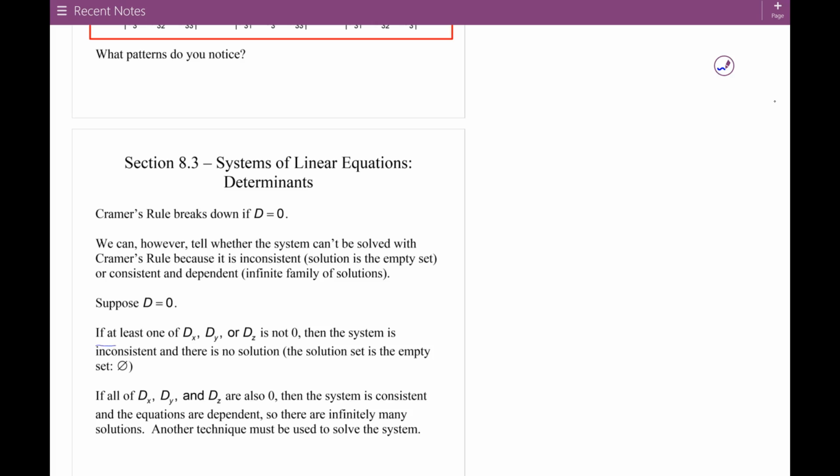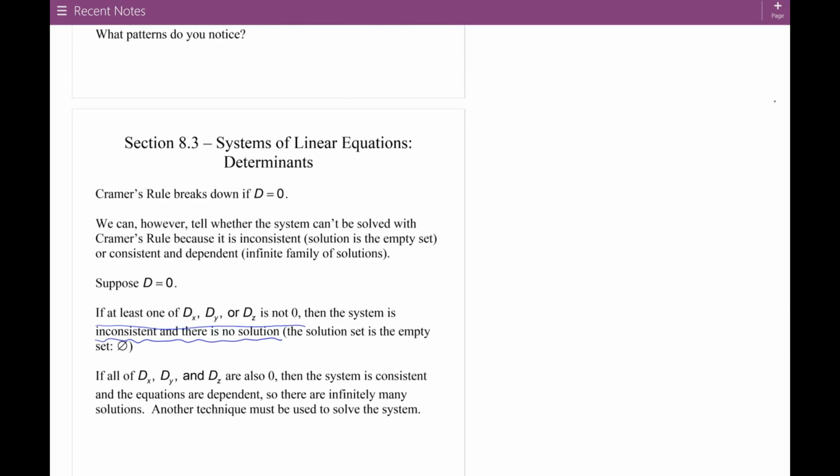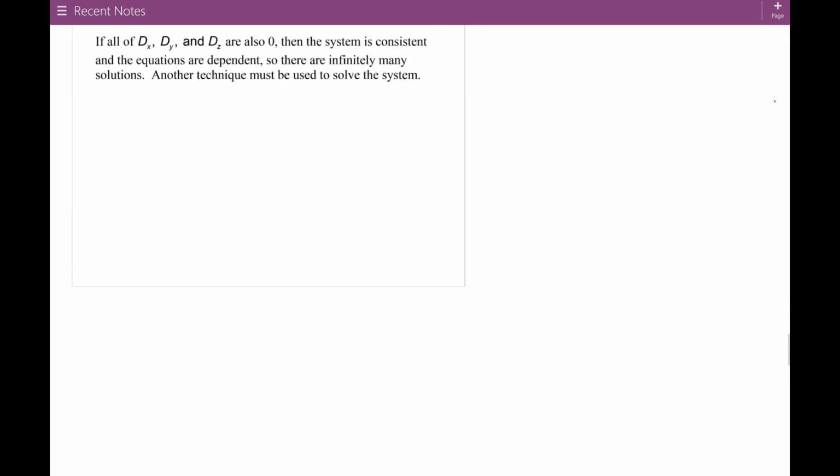If at least one of dx, dy, dz is not 0, so you get a number for one of those, then the system is inconsistent and there's no solution. But if you get zeros for all of dx, dy, and dz, then the system is consistent and the equations are dependent. So you need to use some other technique to figure out how to solve the system.